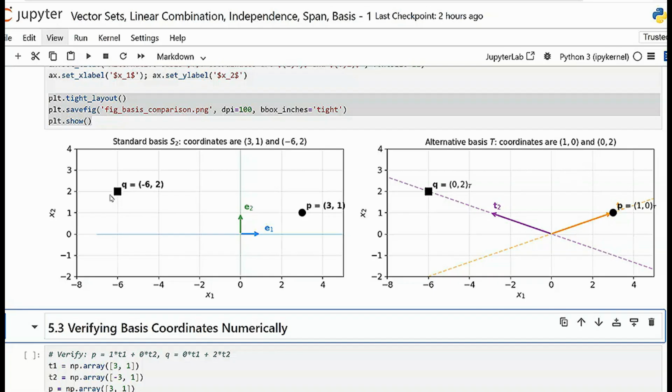Dear friends, in this basis, when we choose the point P, it is simply 1 into T1, and point Q is 2 into T2. So much simpler coordinates than in the standard basis. The data points themselves are unchanged. Only the description here is 1 comma 0 transpose or 0 comma 2 transpose.